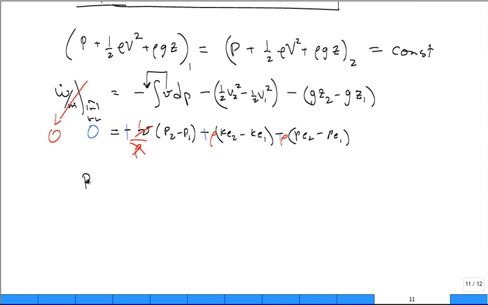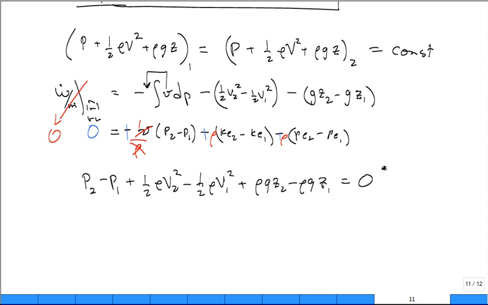And so I have P2 minus P1 plus 1/2 rho V2 squared minus 1/2 rho V1 squared plus rho gZ2 minus rho gZ1 equal to 0, or P2 plus 1/2 rho V2 squared plus rho gZ2 is equal to P1 plus 1/2 rho V1 squared plus rho gZ1.